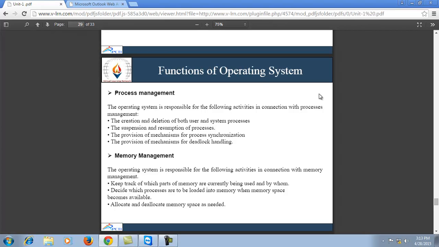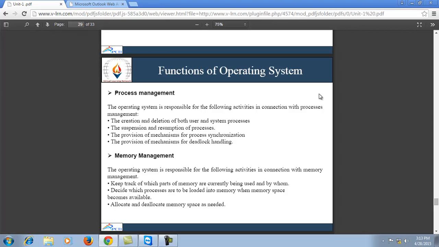In hold and wait, a single process is holding a number of resources. Like there are P1, P2 and P3, 3 processes. P1 holds R1 resource, P2 holds R2 resource and P3 holds R3 resource.